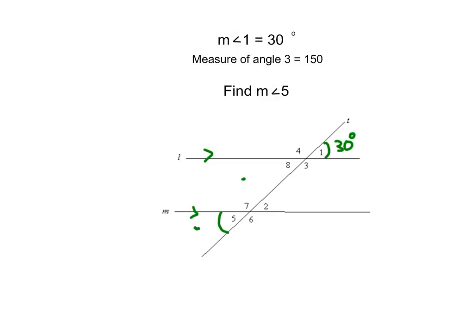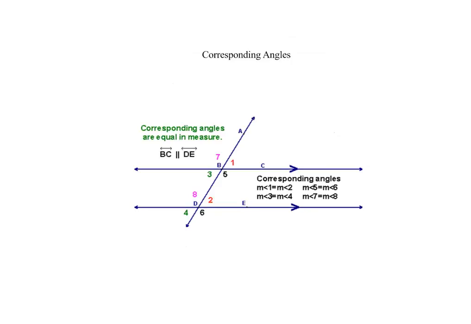So the measure of angle 1 is going to be equal to the measure of angle 5. So I can say that angle 5 is equal to 30 degrees, and I can prove that by using the alternate exterior theorem. As we continue on, we can talk about corresponding angles.